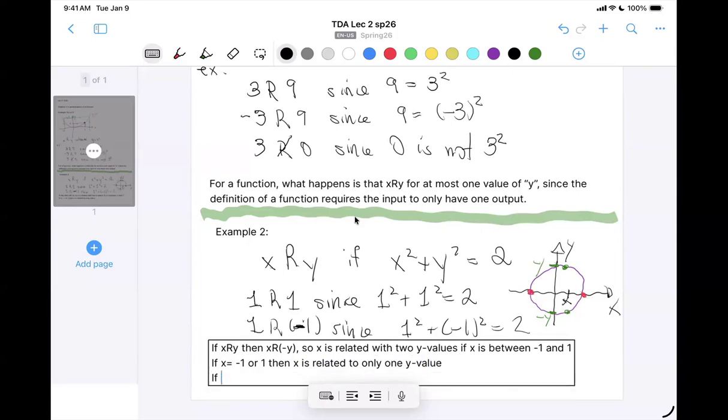And if x is greater than 1 or less than negative 1, meaning you're outside the circle, then x is not related with any y.